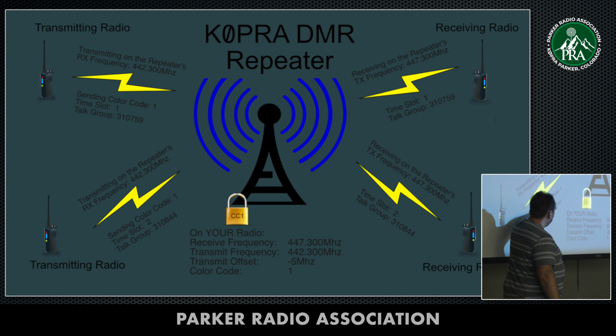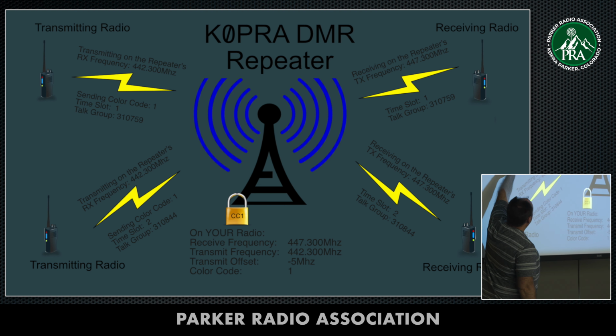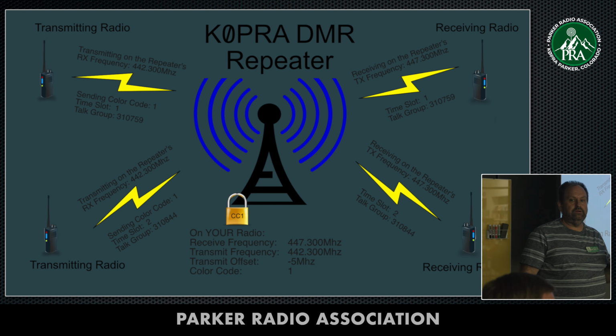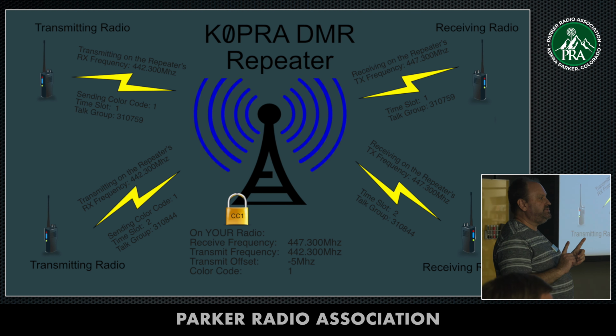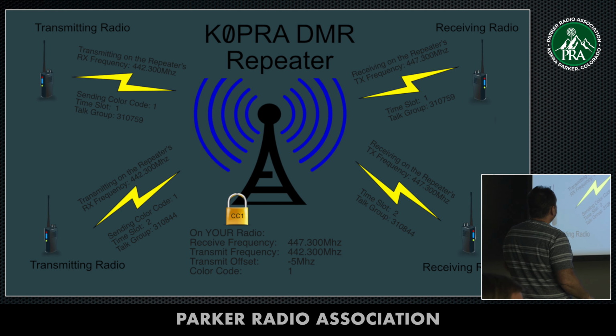So our PRA local is this one on time slot 2, but we also use time slot 1 for our Colorado mega. So there can actually be 4 radios connected to one repeater having 2 completely separate conversations at precisely the same time and using only 12.5K of bandwidth, right? Which I think is fantastic.